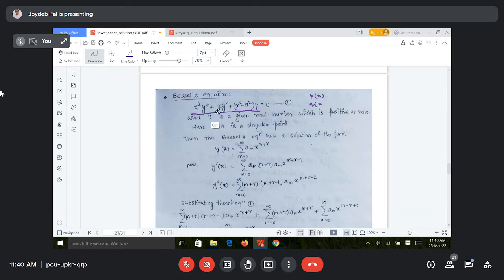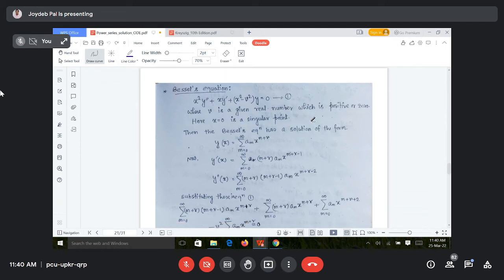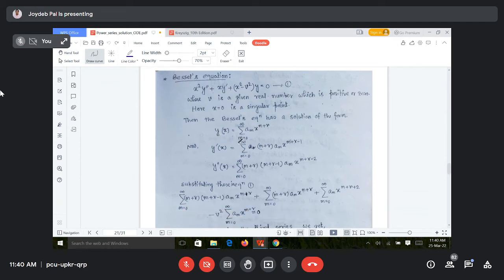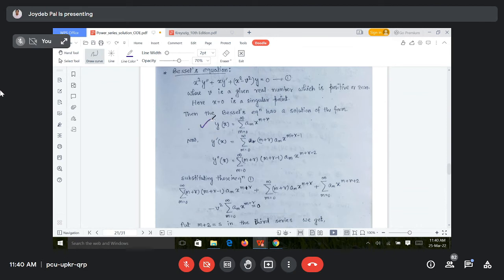To solve the Bessel equation, basically we need that Frobenius method. Nothing new here. If it is asked to solve Bessel kind of equation, you have to apply Frobenius method. So in the Frobenius method, we assume that y is equal to sum m equals 0 to infinity a_m x to the power m plus r as a solution.